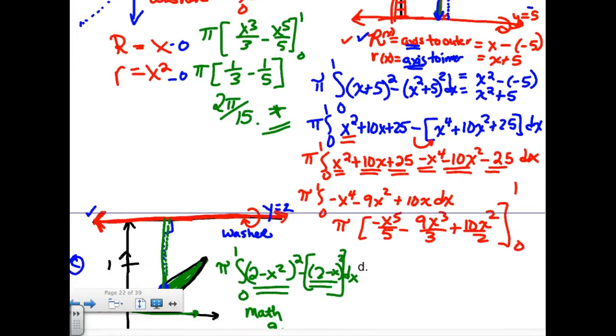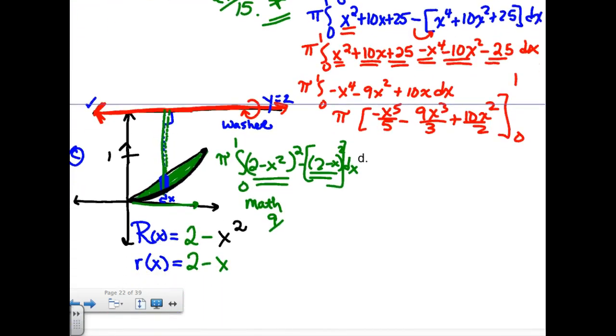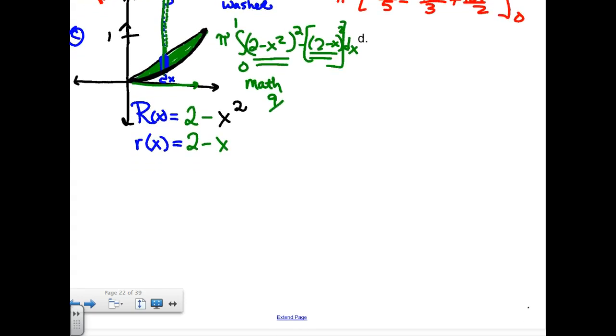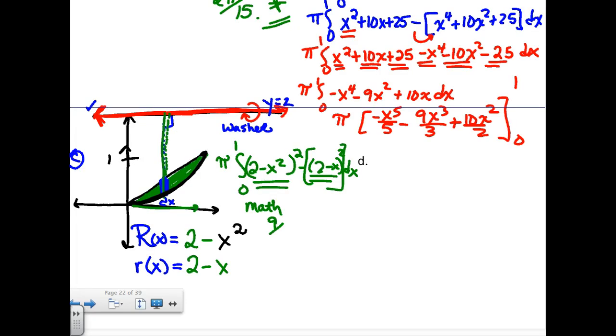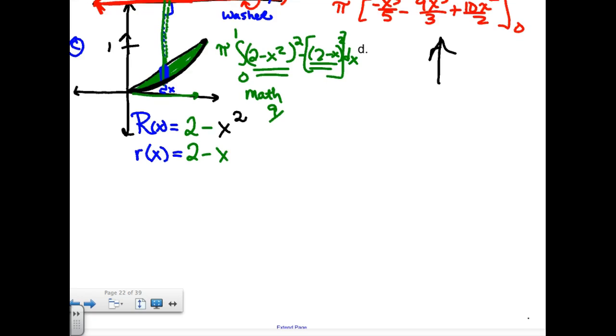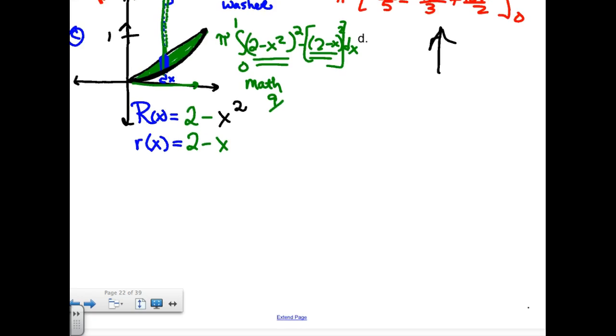It's about x equals -1. So this is the only one where I'm actually having a vertical axis of rotation. It's the line x equals -1. And again, part D, I already did up above there, so you can just go point. Part E, I am about the line x equals -1.